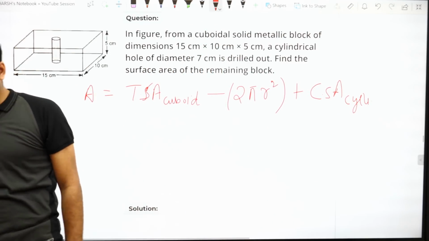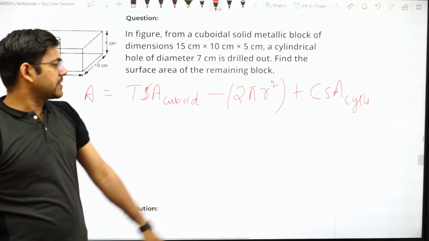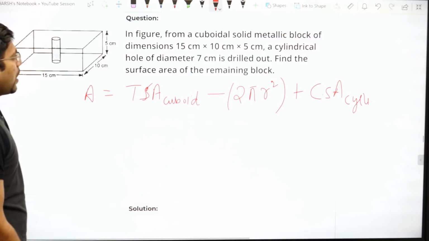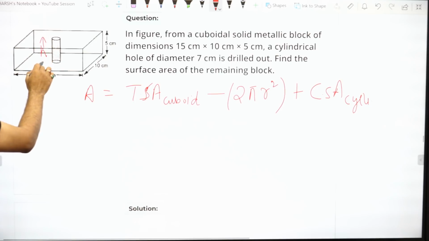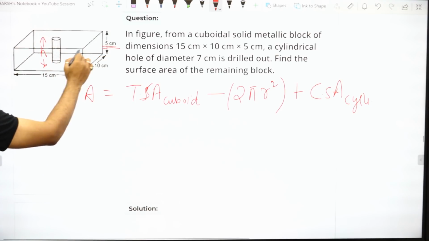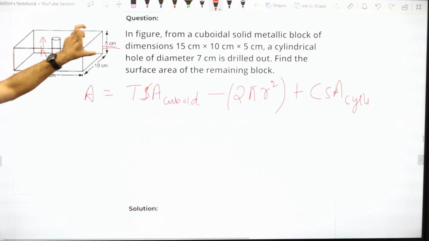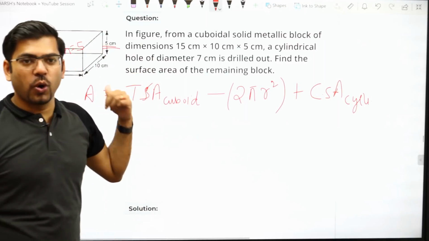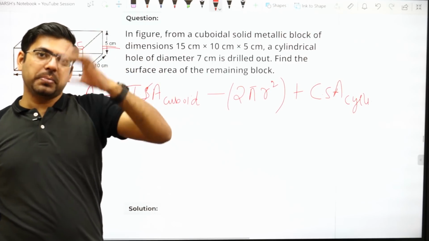Let's see how we are going to solve this. For this cylinder, the height would be the same as this 5 centimeters, so I am writing h is equal to 5 here. Why? Because this cuboid also has a height of 5 centimeters, and this hole has been dug out from the complete cuboid.